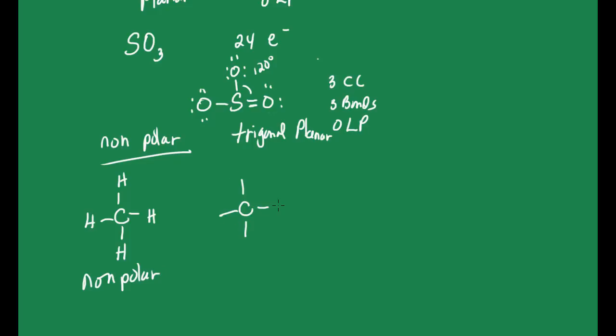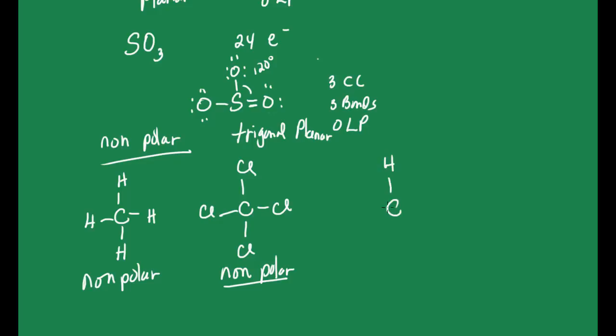This one here, I have 4 polar bonds, and so all 4 bonds are polar here, but the molecule is nonpolar. Again, the electrons are distributed equally about these bonds. So in general, if you have a tetrahedral molecular shape, then if the atoms bonded to that central atom are all identical, your molecule is nonpolar.